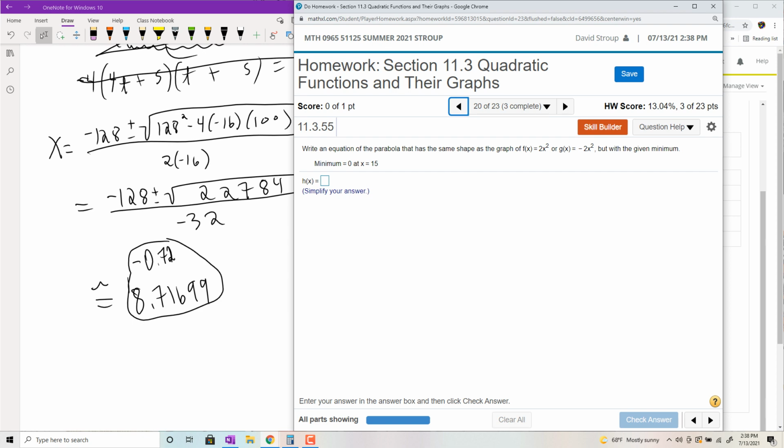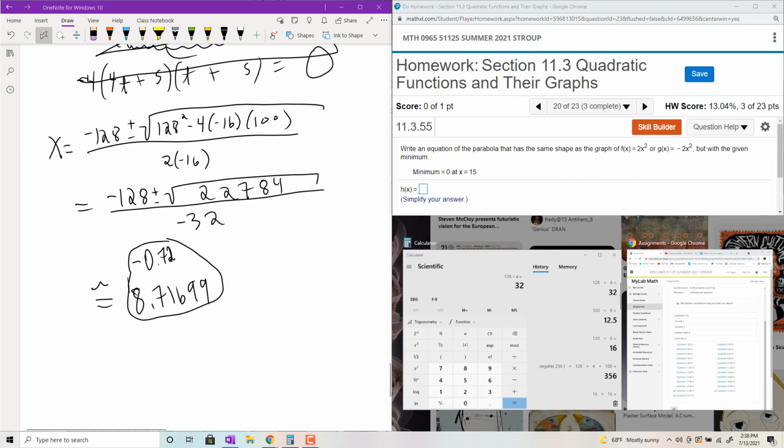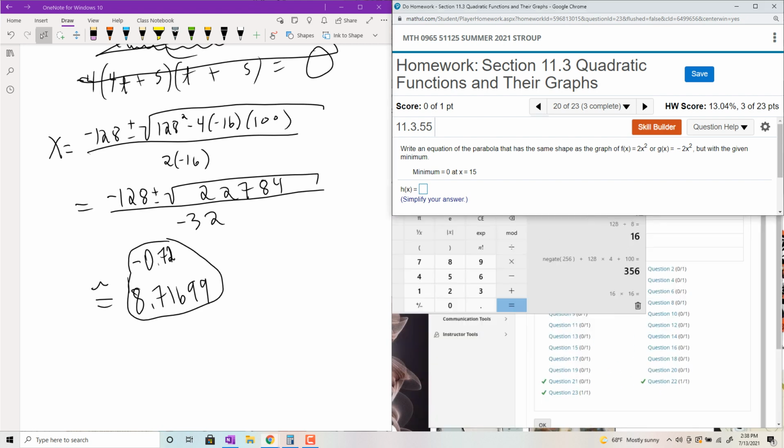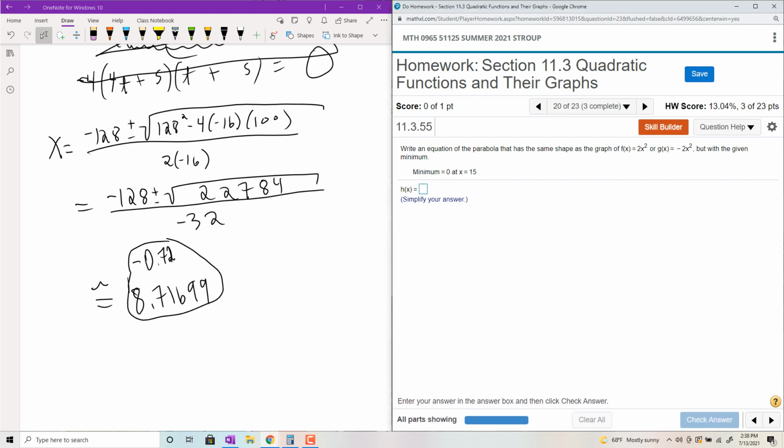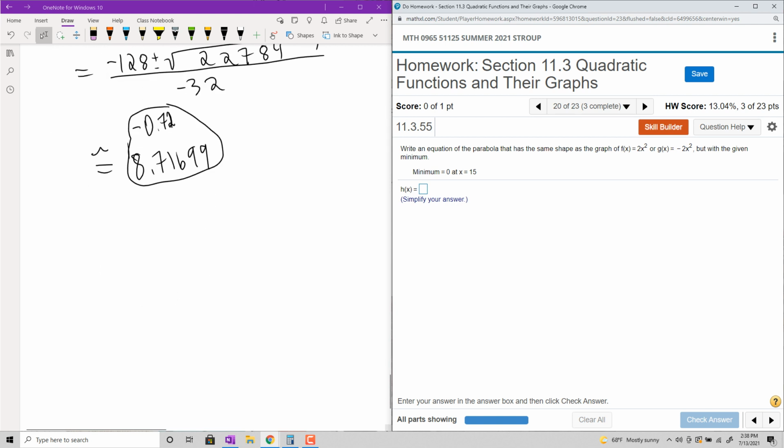This is kind of like a weird one, where you back engineer the equation of the parabola. So it has the same shape as these graphs, but with the given minimum. The minimum, remember, is going to be the vertex.